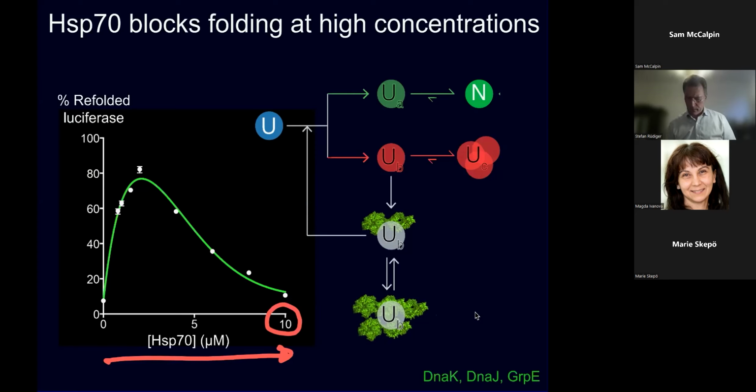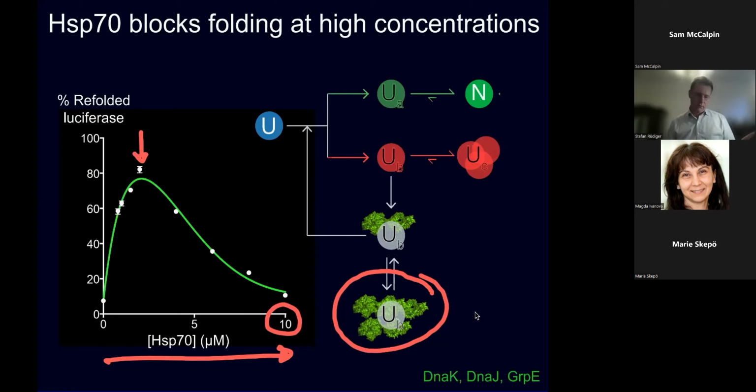What happens here is that you may have several HSP70s binding to the folding intermediates that are never released again, and it doesn't have a chance to fold. So now this seems to be, on the one hand, quite unfortunate. On the other hand, you may argue, okay, if it works effectively at 3 micromolar, why pipetting in 10?